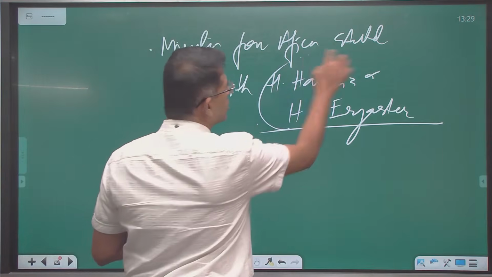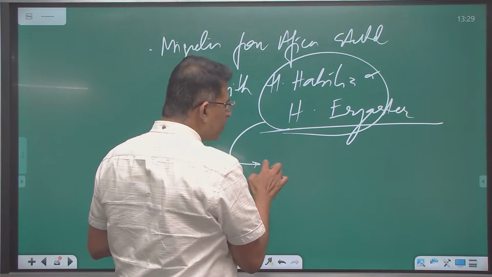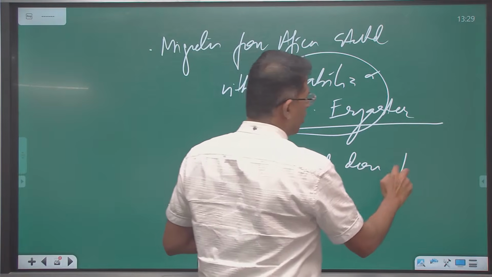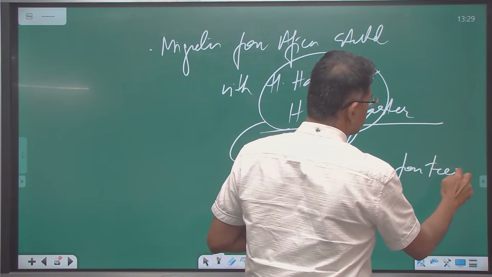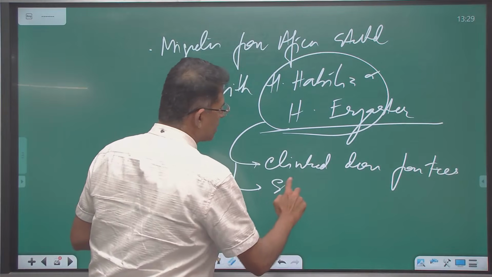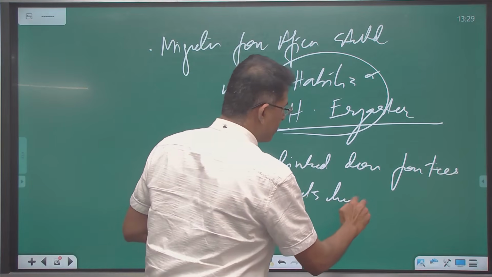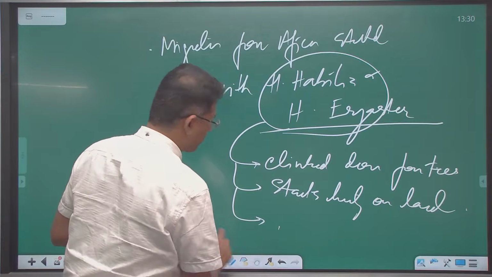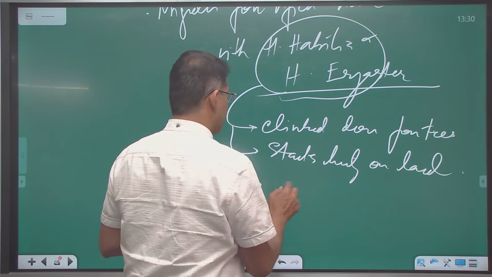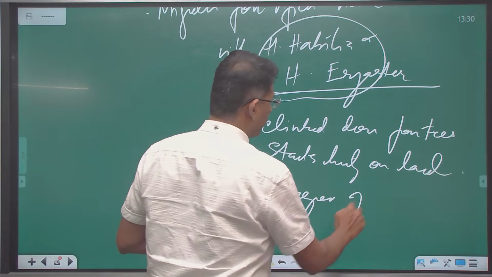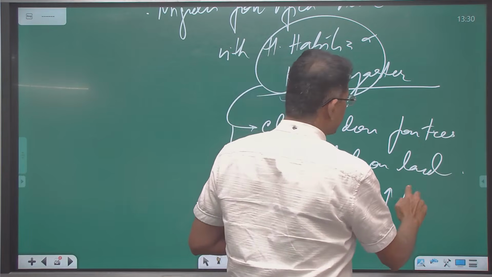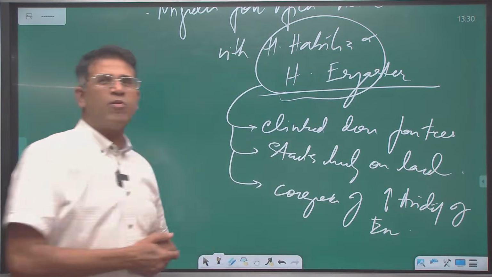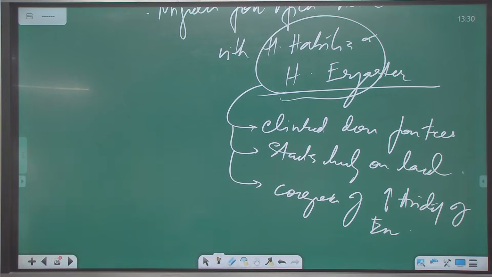So ये जो दो species थे, these climbed down from trees. This starts hunting on the land. This was the consequence of increasing aridity of the environment. देखो इसको, Homo habilis and Homo ergaster is where the migration starts.